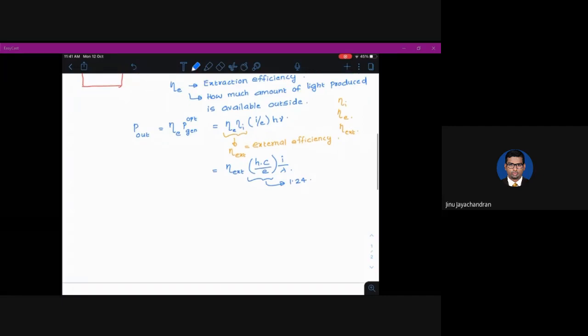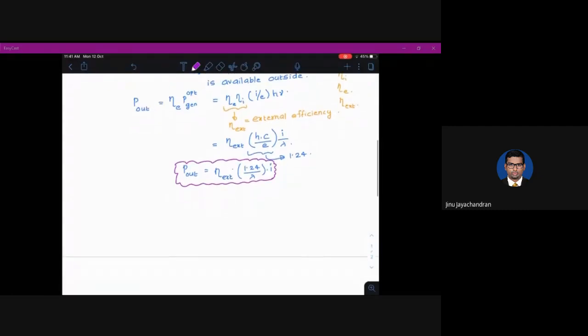Okay, so I can write P out is equal to eta external efficiency multiplied by 1.24 divided by lambda into I. This is the net output power you will get from a PN junction LED giving out light of wavelength lambda and an external efficiency eta external.